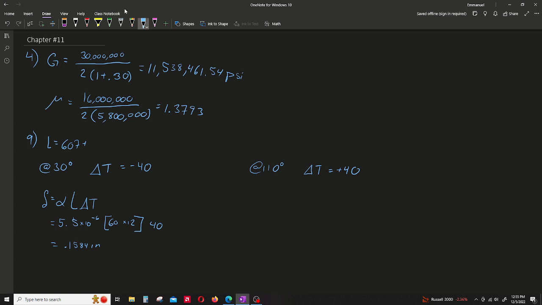All right, so then we can do the same thing over here for the 110. Lambda would actually be the same thing, because everything else stays the same.